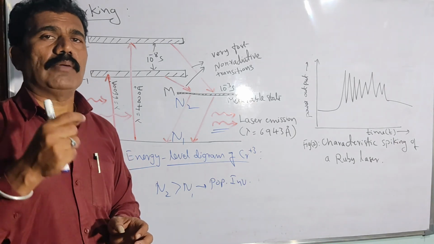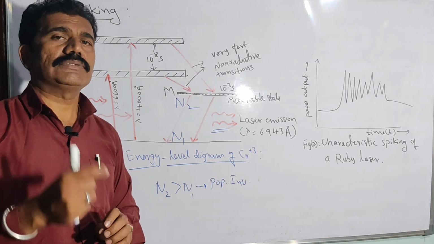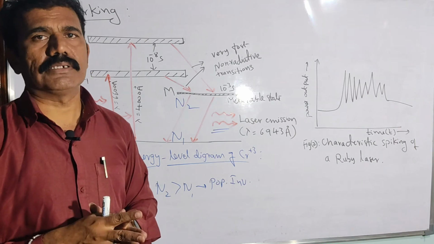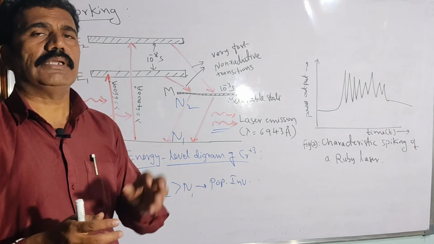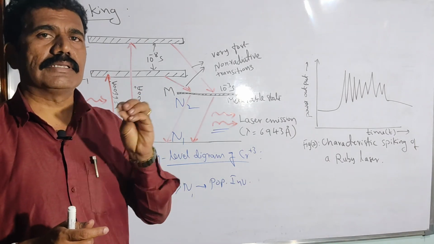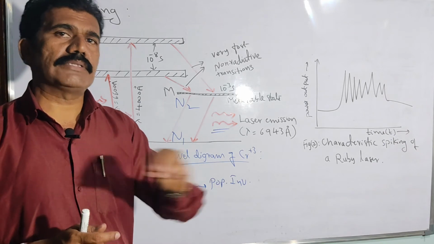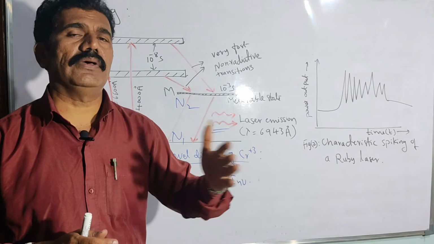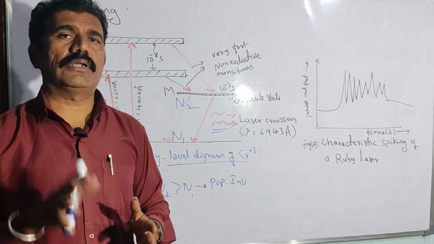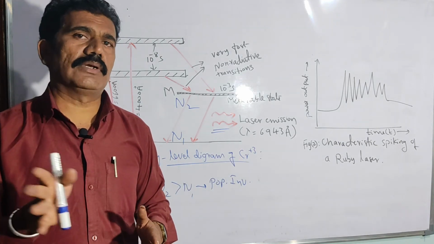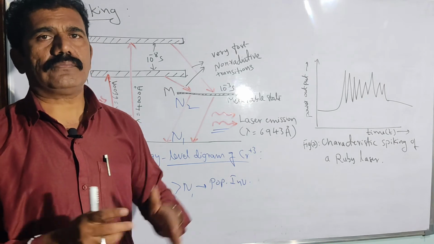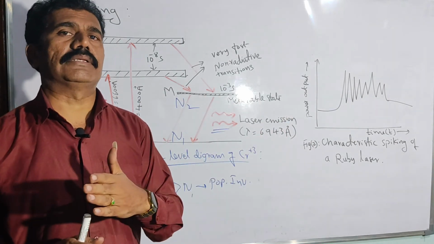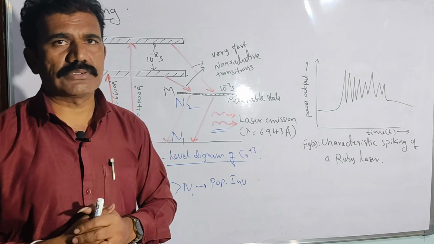So that amplified light reaches a very intense, highly energetic beam. Such a highly intense laser beam is passed out from the partially polished side of the ruby crystal, not the 100% silvered side. The 100% silvered side only reflects the photons, whereas the other side also reflects the photons continuously till it reaches a certain saturation state.